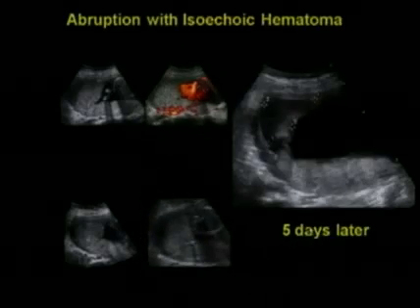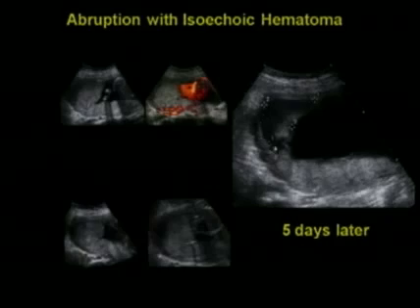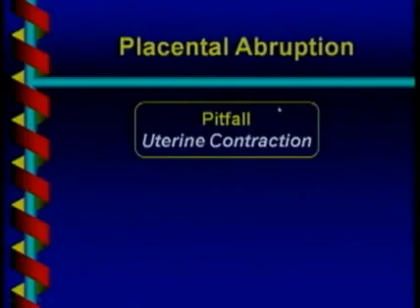Based on these, even though at first sight you'd think it was normal, they said there's probably a hematoma, and sure enough, 5 days later, you can see that the hematoma is starting to break down, and it clearly is a hematoma. So be careful not to miss isoechoic hematomas.